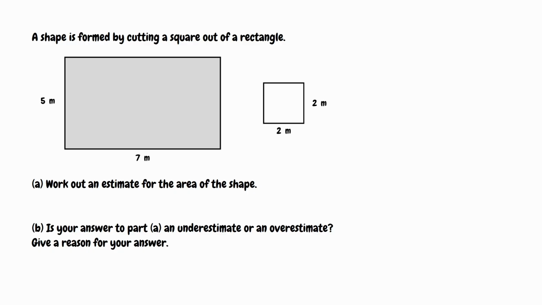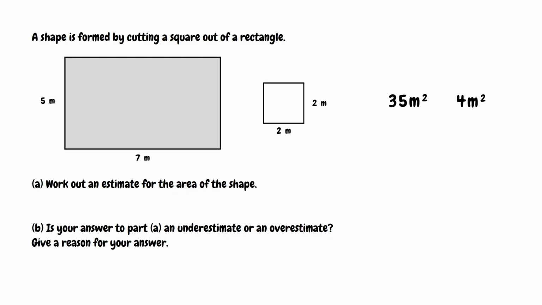So we're cutting that square out of the rectangle, so we need to find the area of both shapes first. So to find the area of our rectangle, we're simply going to do base multiplied by height. So 7 meters times 5 meters is going to give us 35 meters squared. And then for the square, we're going to do base times height. But because it's a square, the side length is exactly the same. So we've got 2 times 2, or 2 squared, which is 4 meters squared.